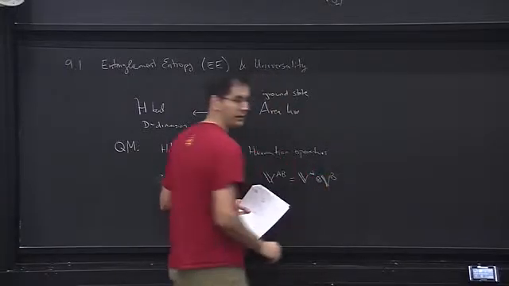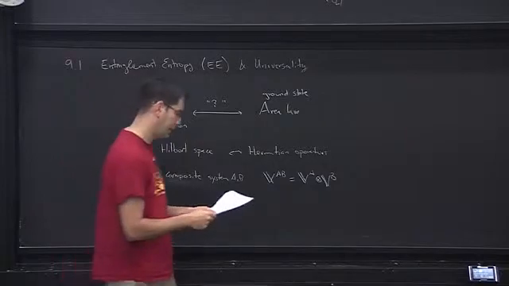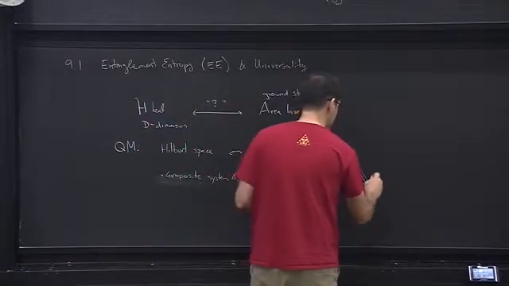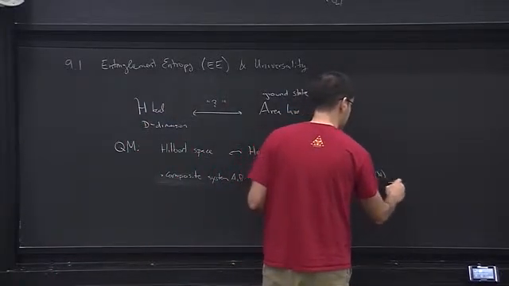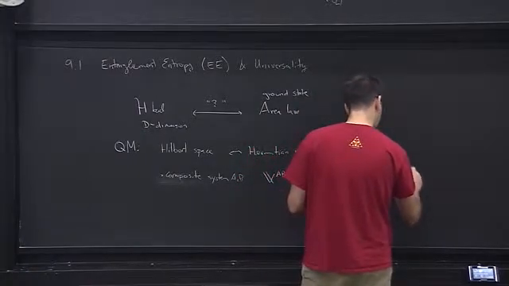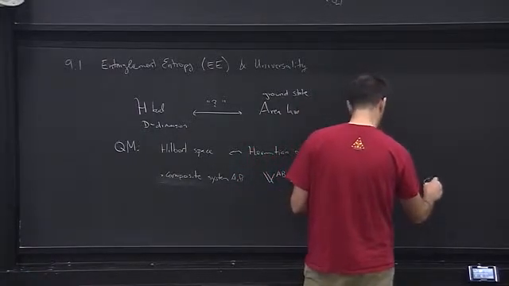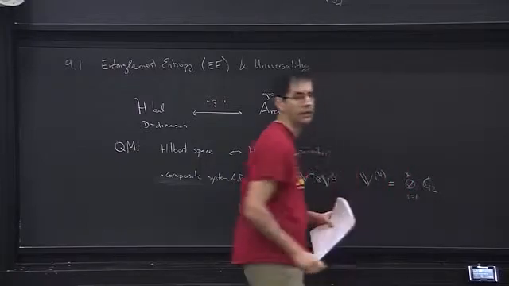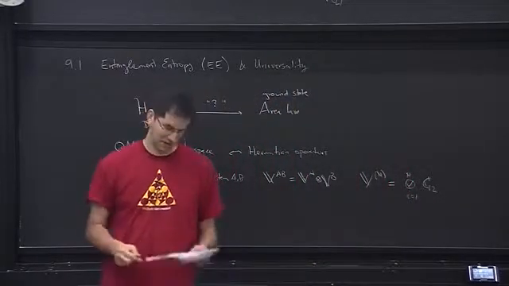I'm not objecting to this postulate, but this implies that when you have n spins, you end up dealing with a tensor product of n copies of the Hilbert space of each spin. And I still don't object to that.